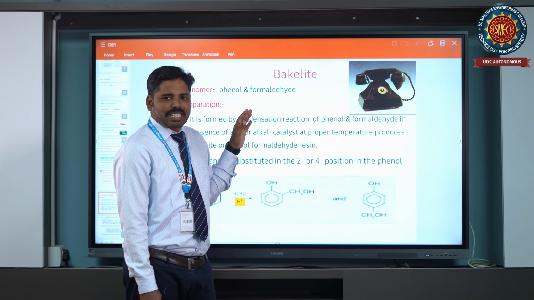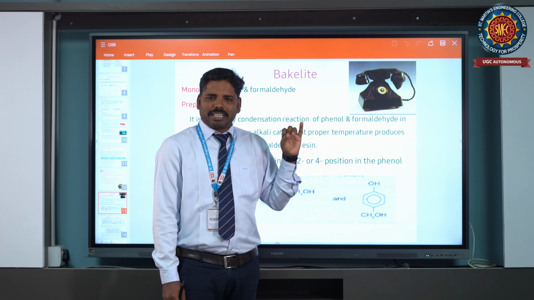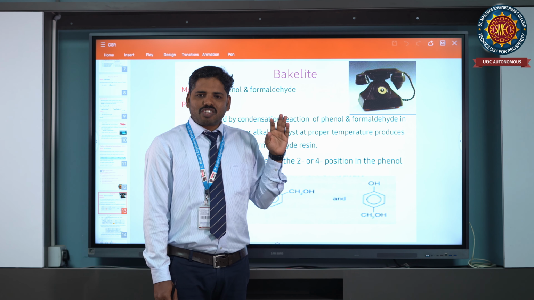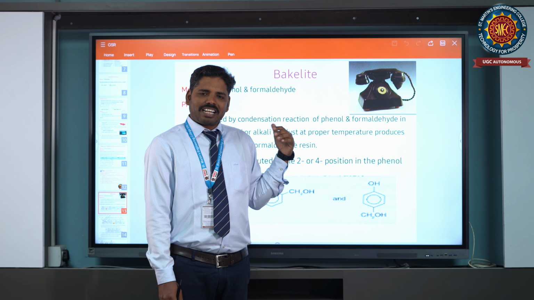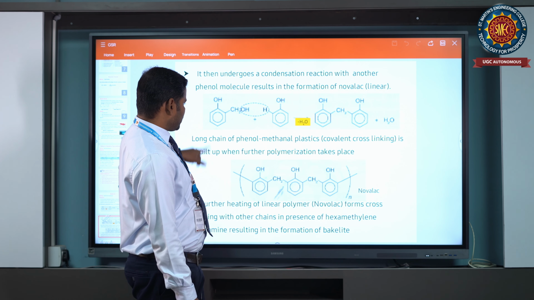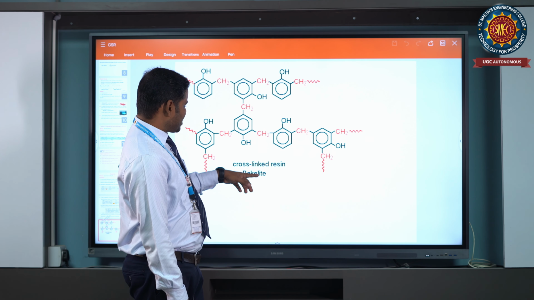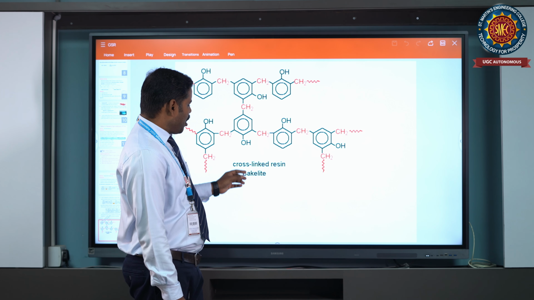What are the physical properties of Bakelite? First, it is a hard and rigid material with some brittleness. It is insoluble in organic solvents, water resistant and heat resistant. What are the applications of Bakelite? This slide shows the cross-linked resin, Bakelite.